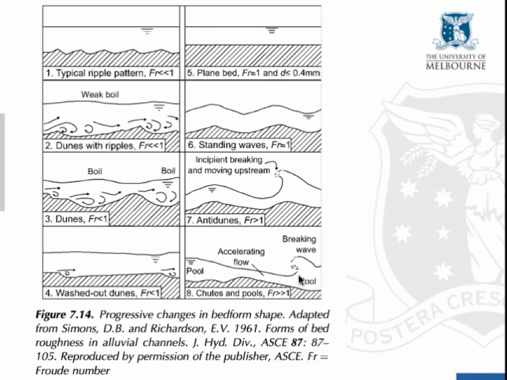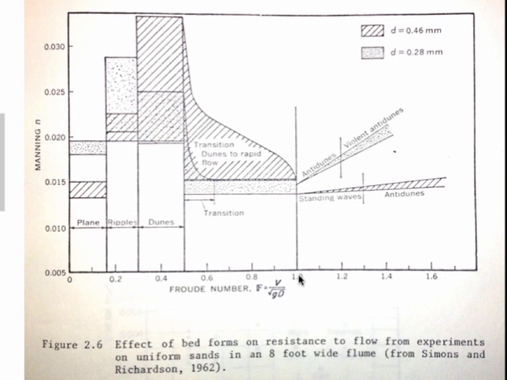So that's the model that's used for the evolution of bed forms in a sand bed stream with increasing flow conditions. The reason why this is important is that as you get these transitions between the different bed forms, you also get changes in the Manning's n, the roughness or the flow resistance of the river. You can see here for two different sediment sizes, 0.28 millimeters and 0.46 millimeters. Now remember, they are sand size fractions, aren't they?